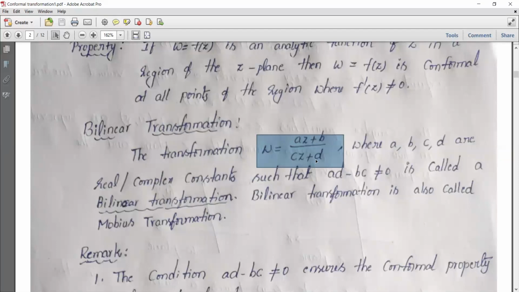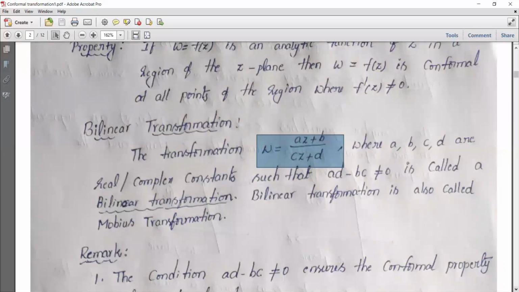And one more condition is AD minus BC not equal to 0. So the transformation W is equal to AZ plus B by CZ plus D, and AD minus BC not equal to 0 is called bilinear transformation.